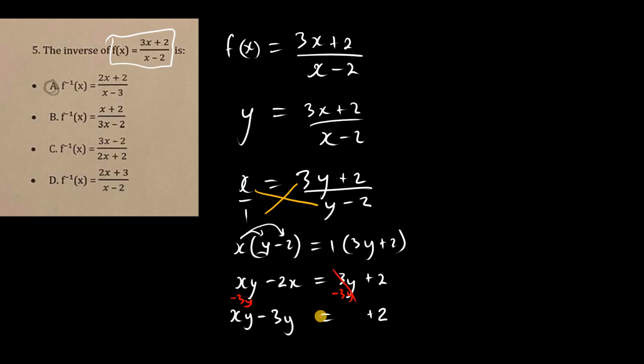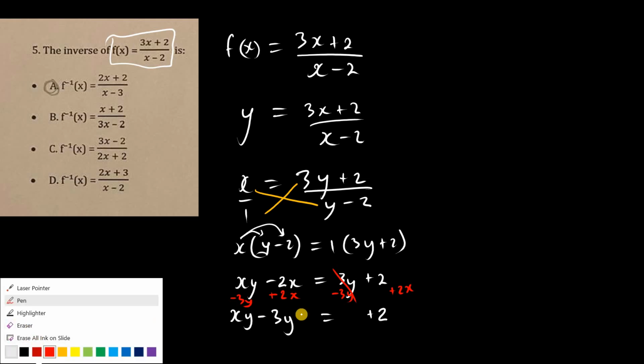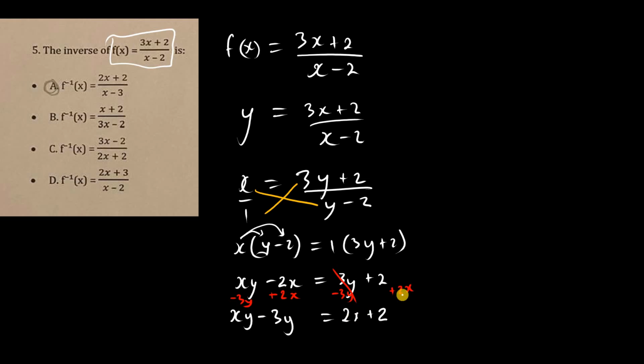Okay, so this cancelled out. And so I have xy minus 3y on this side. But you might wonder, what happened to this? Well, I'm going to add 2x to both sides. So I'll have the 2x here. The order doesn't matter. I could say 2 plus 2x or 2x plus 2. But it's nice to have the variable term first.